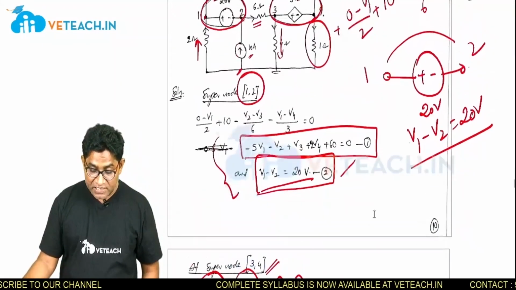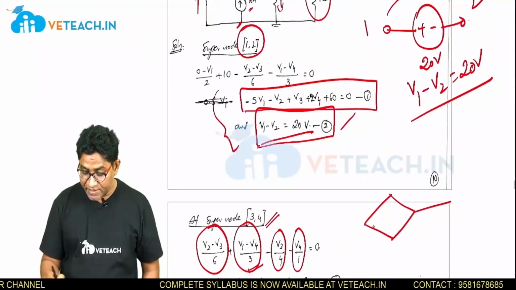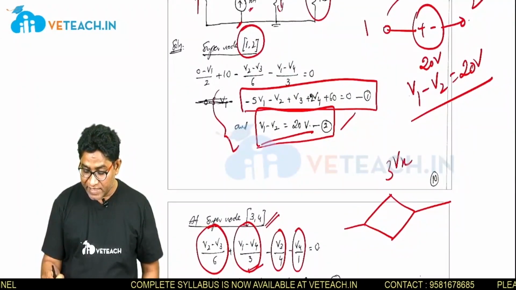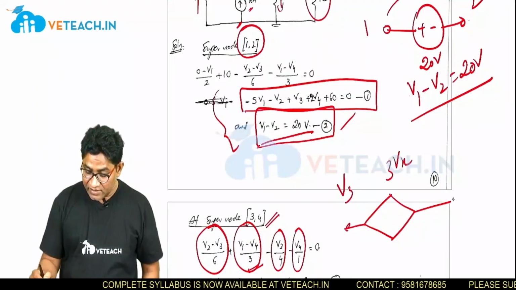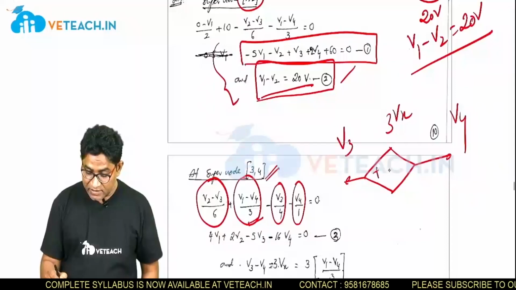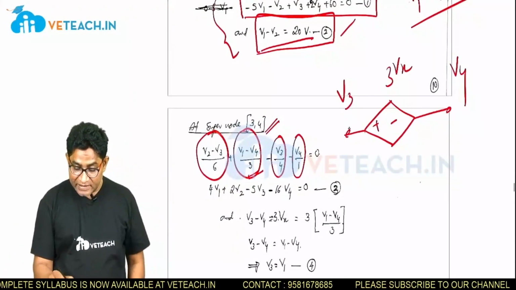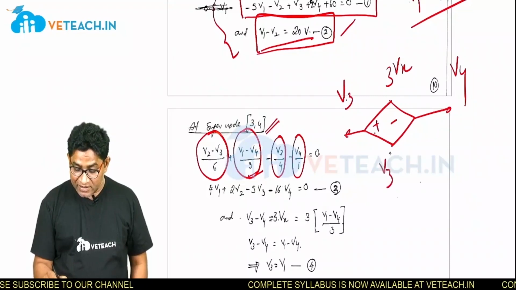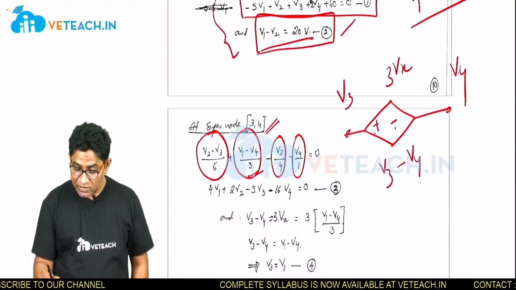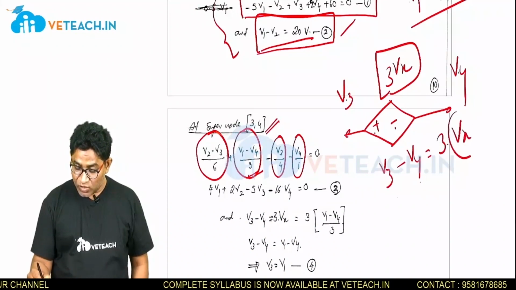Now in this super node 3 and 4, there is a dependent source whose value is 3Vx. This is V3 and this is V4. What is the polarity? This is plus and minus. So from this we can write: this is plus, so V3, this is minus, so V4, equal to 3Vx. What is Vx?